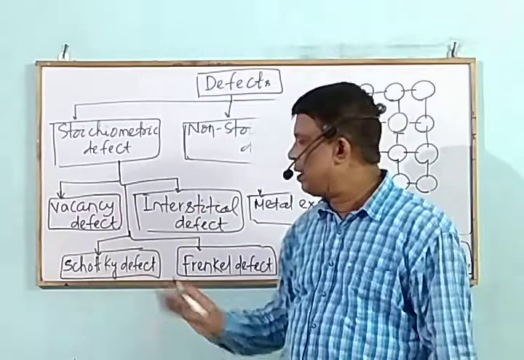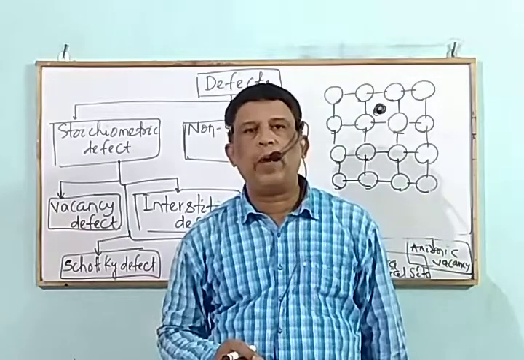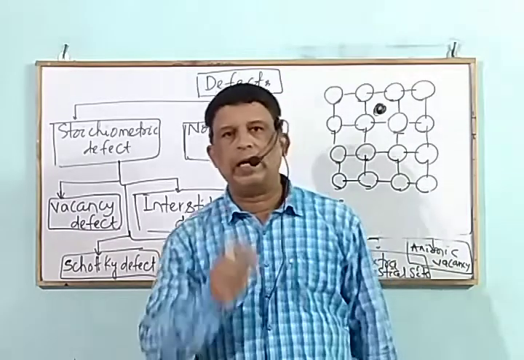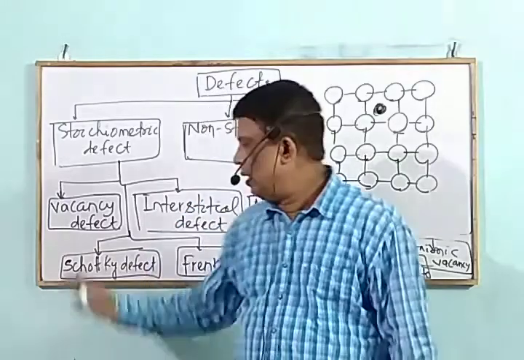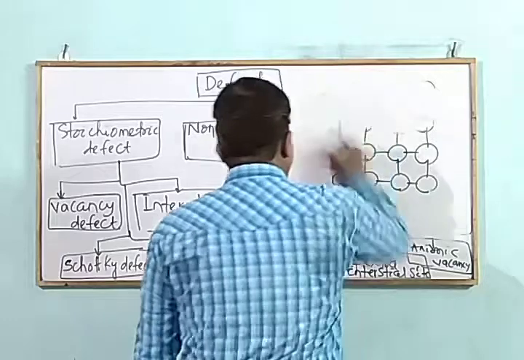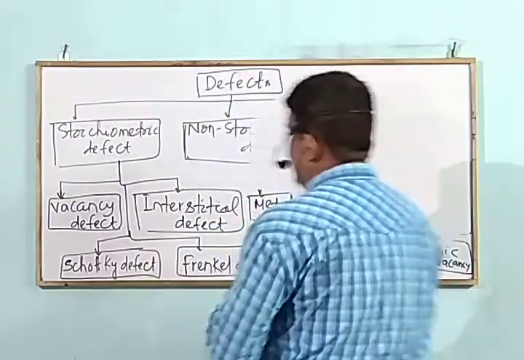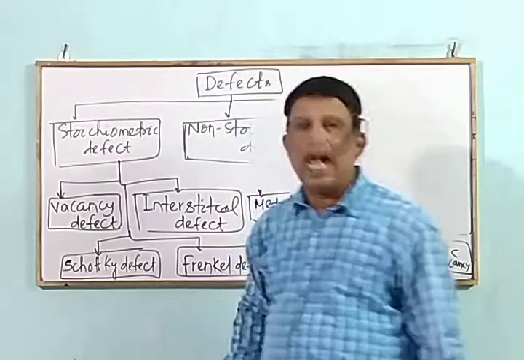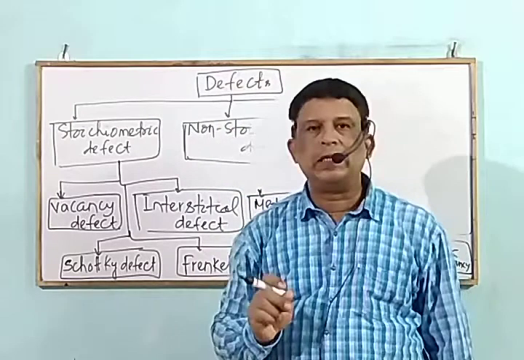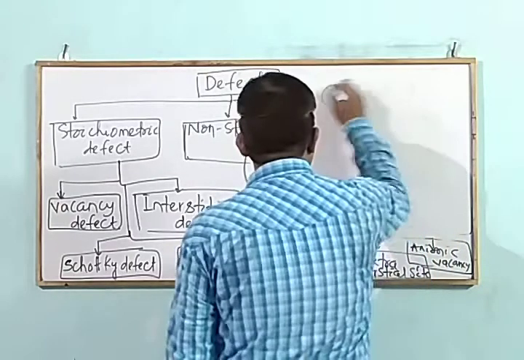Come to the point. In case of ionic crystal, it is of two types. One is known as Schottky defect, one is known as Frankel defect. Come to point one, that is Schottky defect. This defect arises in case of ionic crystal, which is represented by A plus B minus. Mark that.